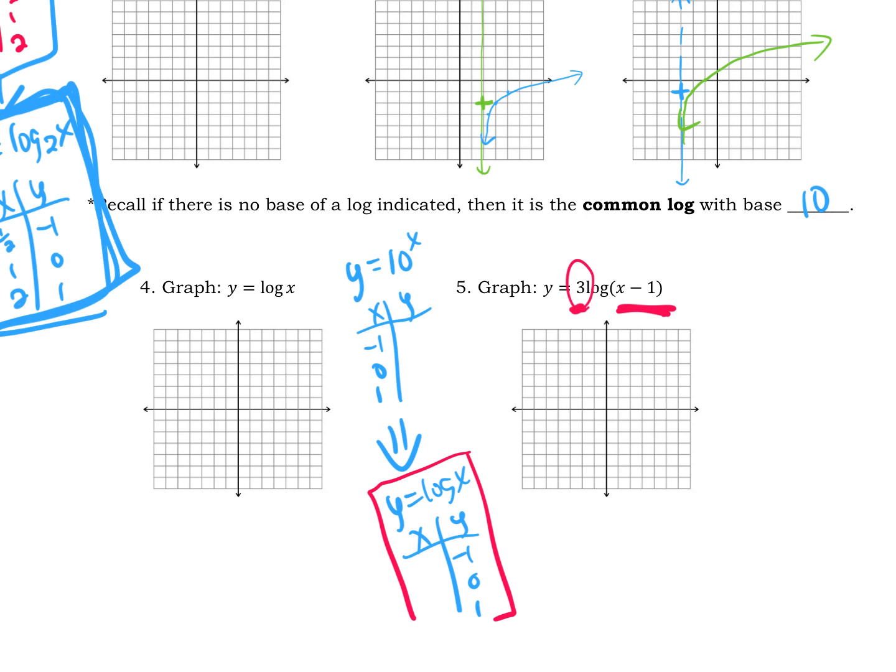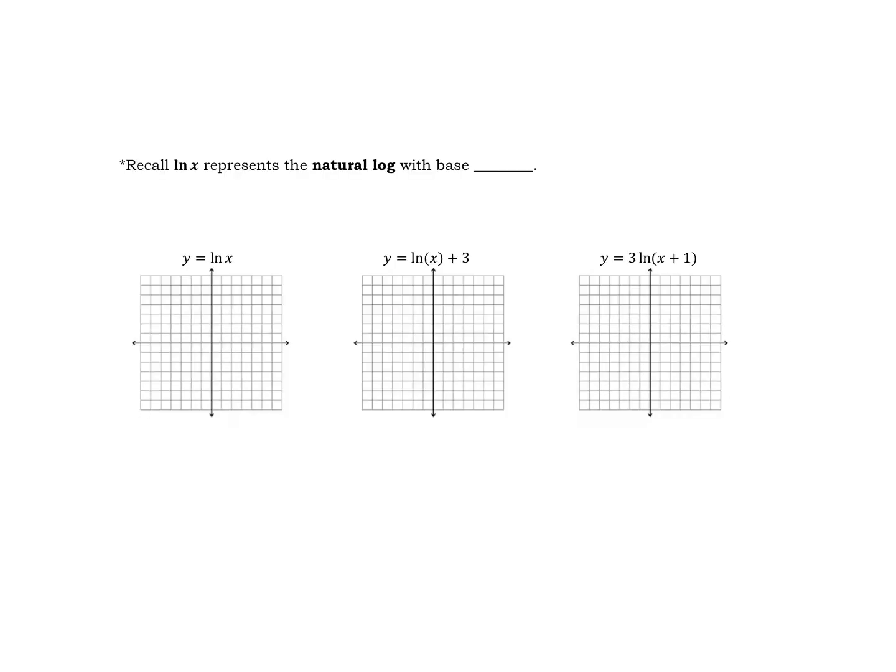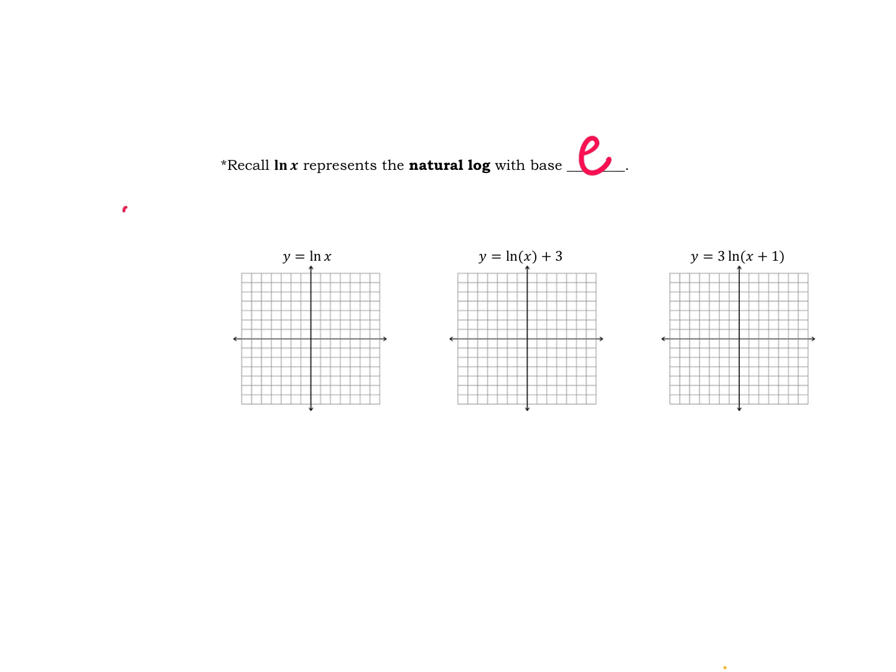Okay? All right, one last thing we're going to look at on the next page. We've got natural logs also, right? So remember ln, natural log ln is log base e. So what that's telling us is the initial table that we're going to write is y is equal to e to the x.